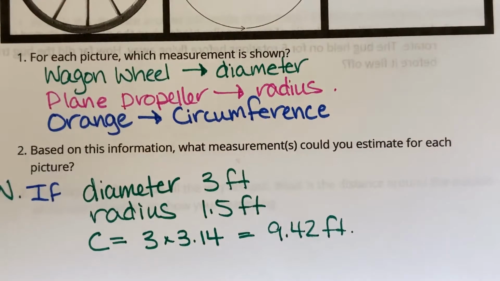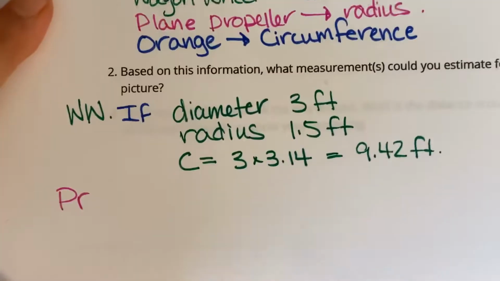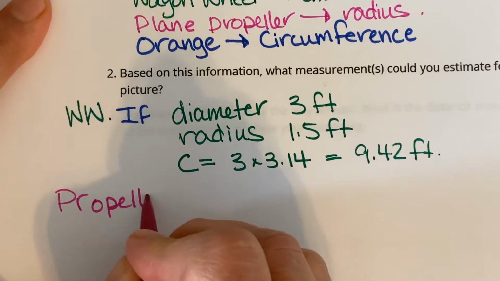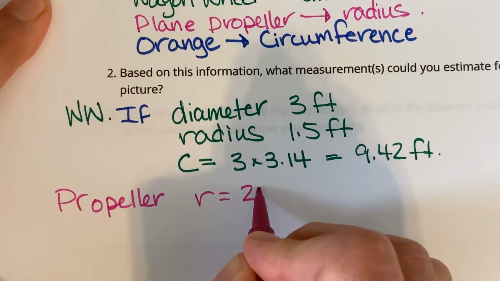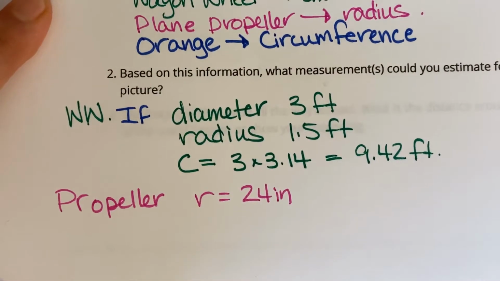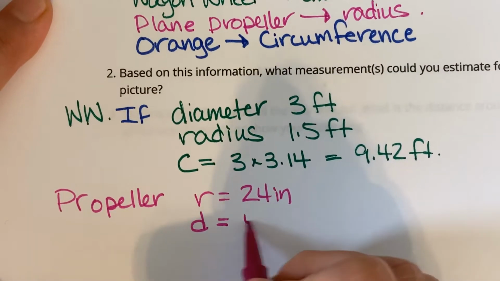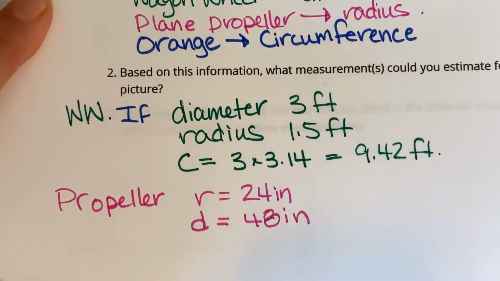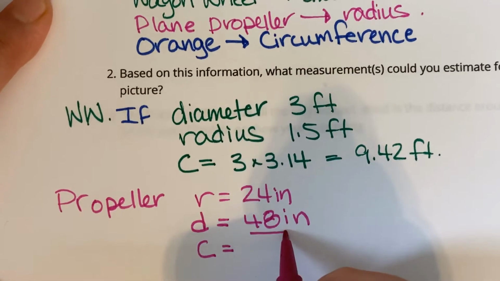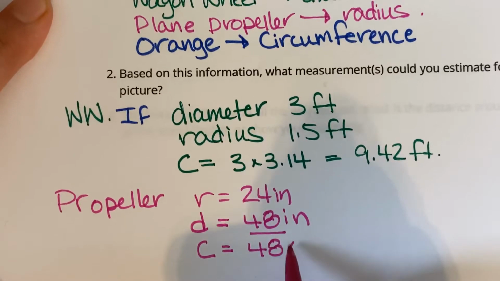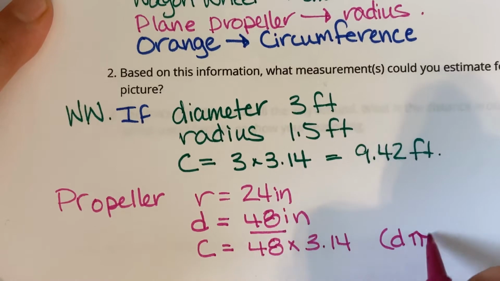Same with the propeller. It gave me the radius of 24 inches. If I want the diameter, it's 2 radiuses, so that would be 48 inches. And if I want the circumference, I would do the diameter times pi. Remember, that's diameter times pi.